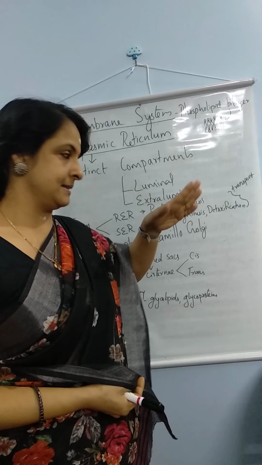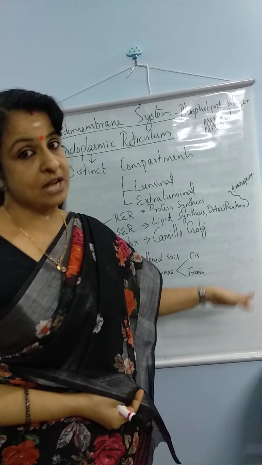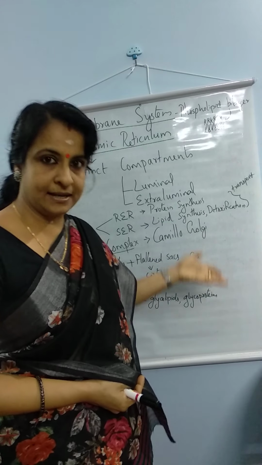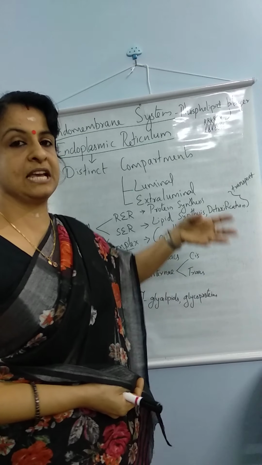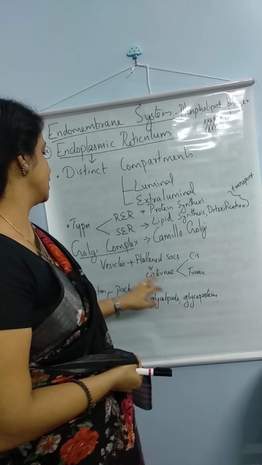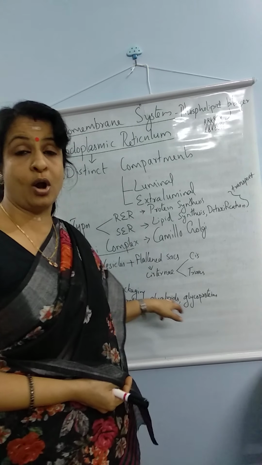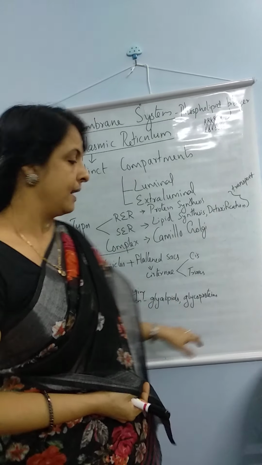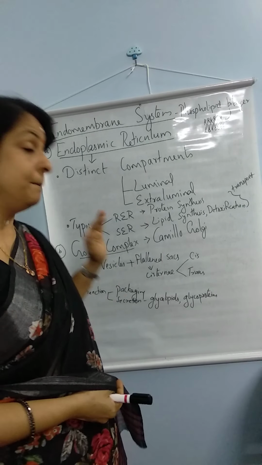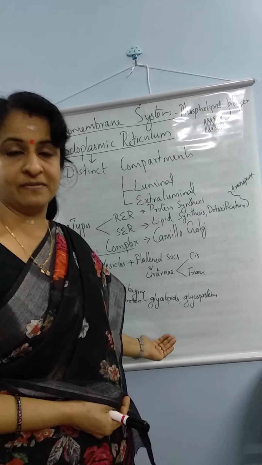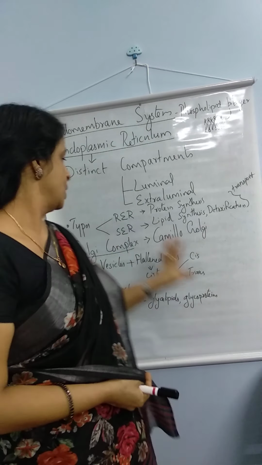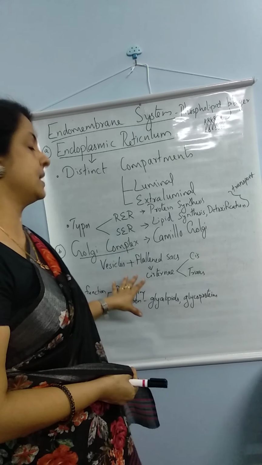From there, it travels towards the trans region, and during that time it gets modified by the enzymes present inside the Golgi body, and finally it forms a vesicle and is released out. That's the function of Golgi complex. That's why we call it the packaging center of the cell. So the main function of Golgi complex is packaging. Plus, it also does secretion of certain substances like glycolipids and glycoproteins.